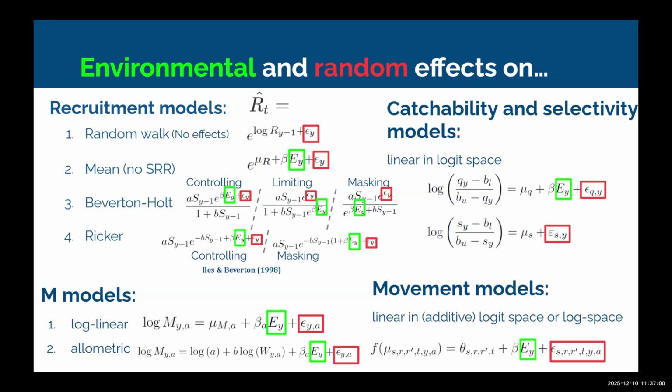With catchability and selectivity, we don't have environmental effects on selectivity, but process error effects are on a transformation of those parameters. Similarly with movement, it depends on how the movement is configured, but you could have it as a continuous process like natural mortality, or you could have it as discrete movement probabilities, like is more commonly done when you have multi-region models. But you can have these random effects and environmental effects on the movement too.